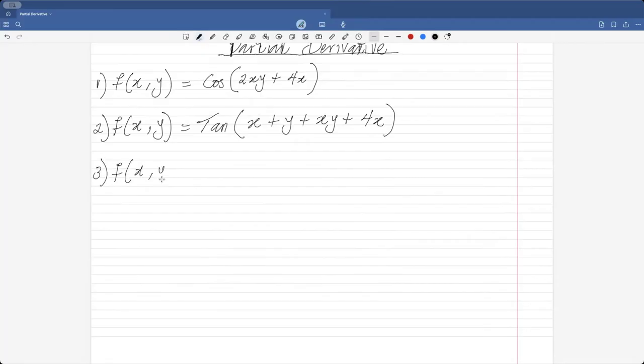And f(x, y) equals e to the power of xy plus 10x.